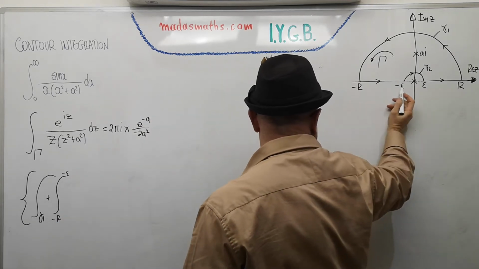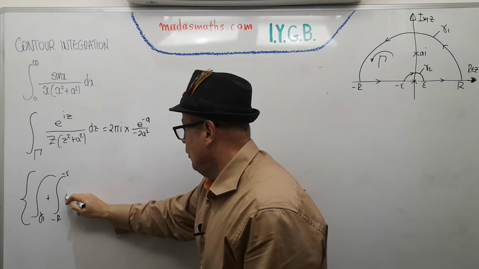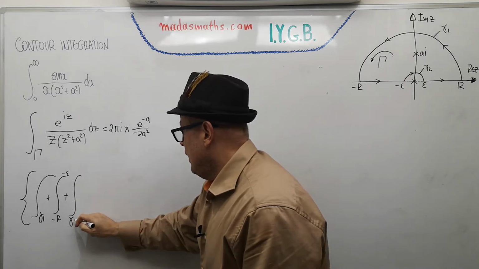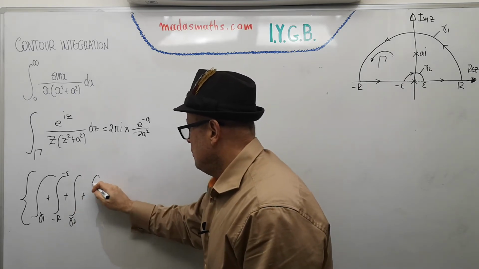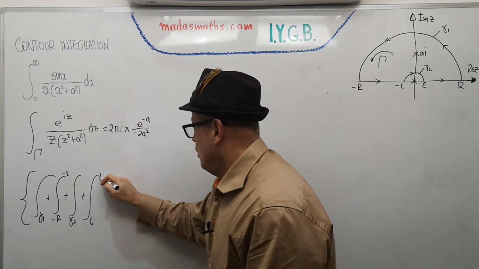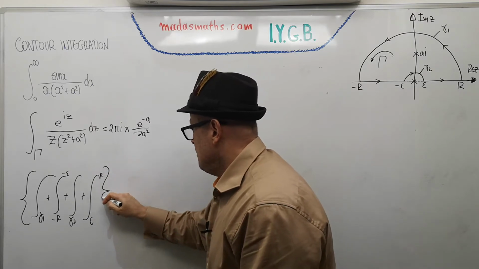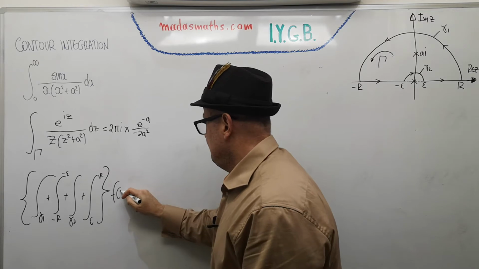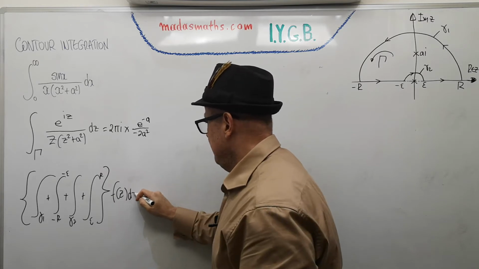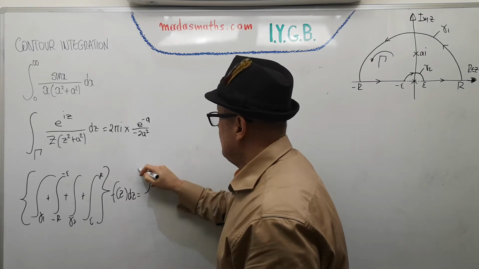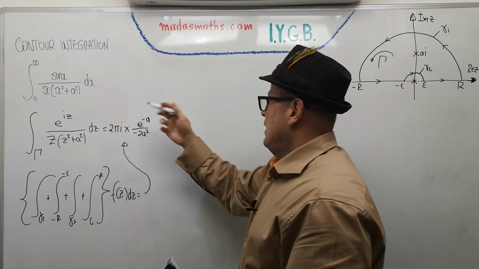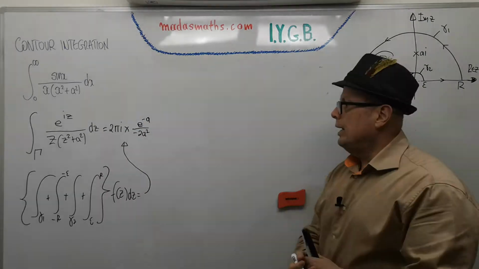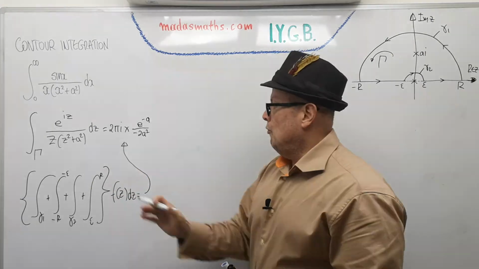So we're going this way, then around gamma 2, plus the integral from epsilon to R, close curly bracket, of my f of z dz. The answer, of course, is going to be equal to this thing here, which we can simplify when we're ready. Okay, so this is just our reference so far.